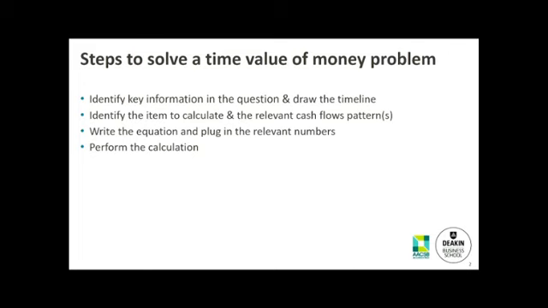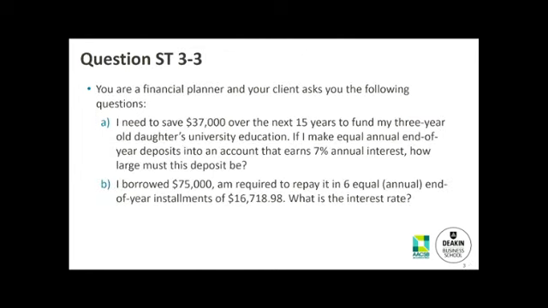Okay. Let's do the question together and see whether you are able to solve it. First one. You are a financial planner and your client asks you the following question. I need to save $37,000 over the next 15 years to fund my 3-year-old daughter's university education.